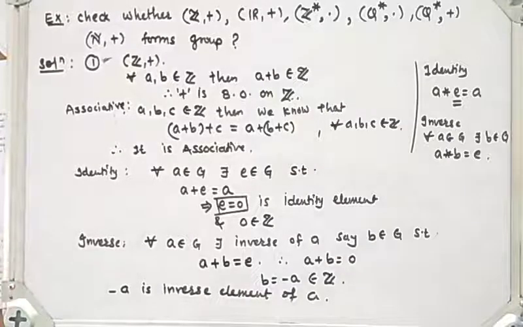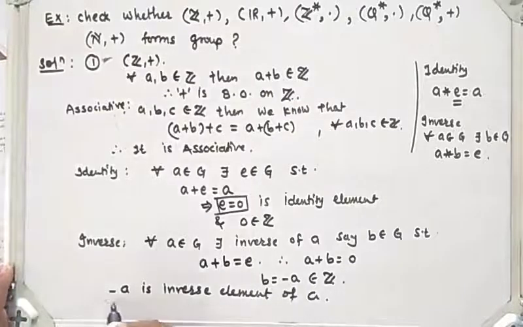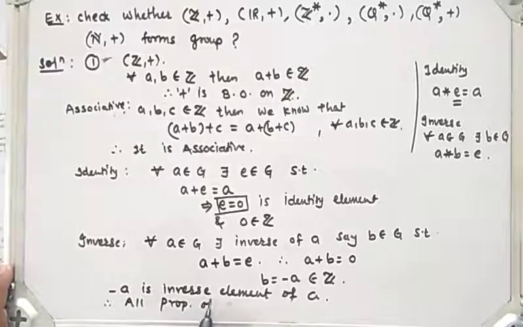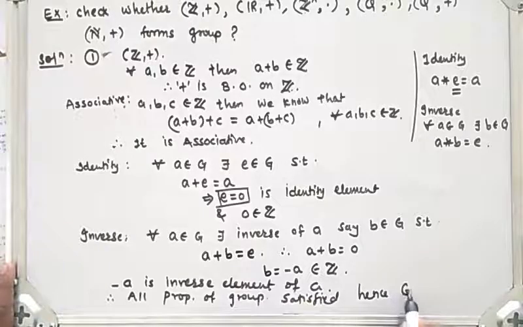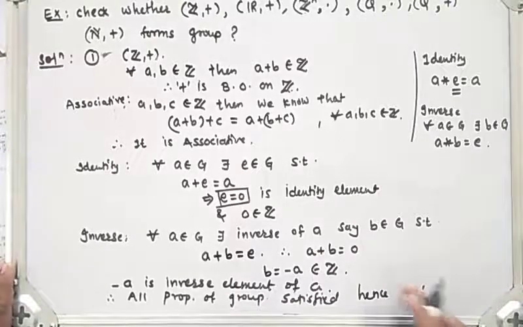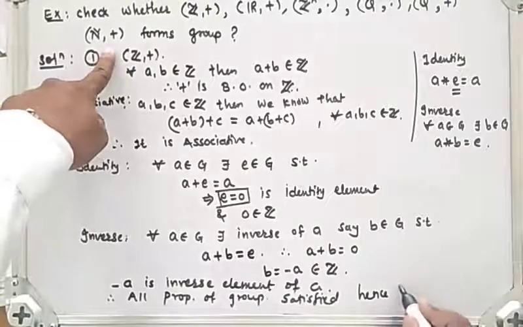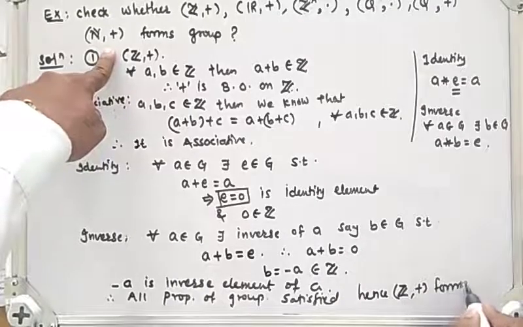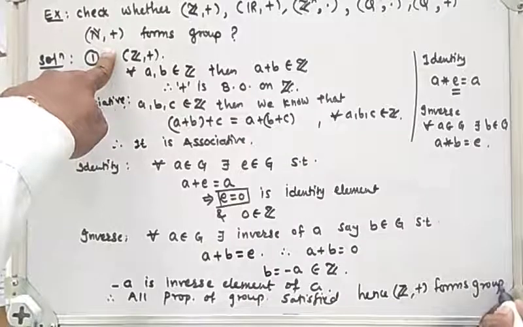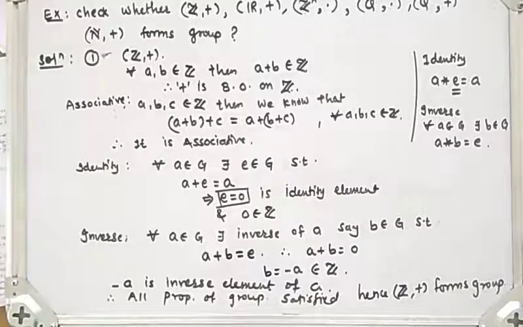Therefore all properties of a group are satisfied. Hence Z under addition forms a group, right? So this is the solution of the first.